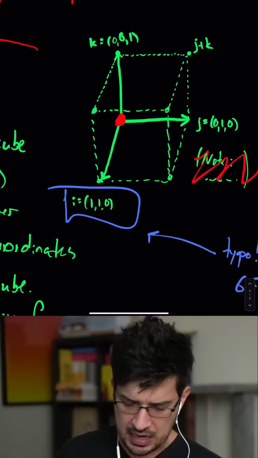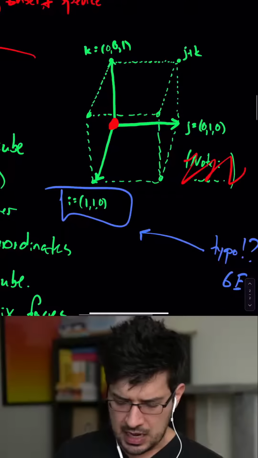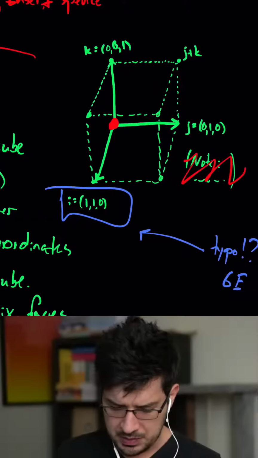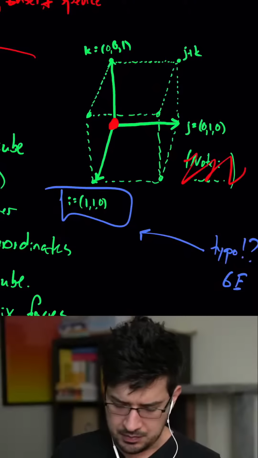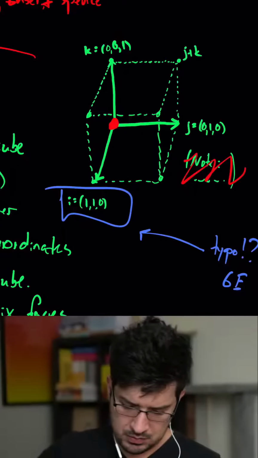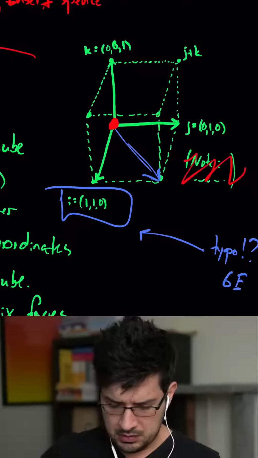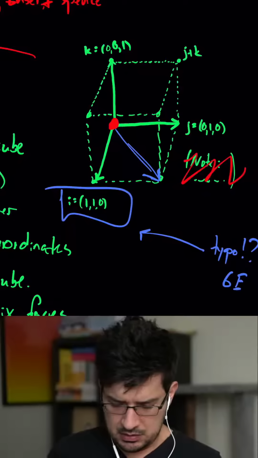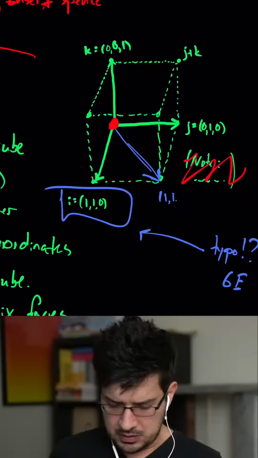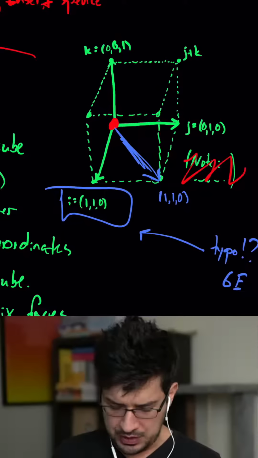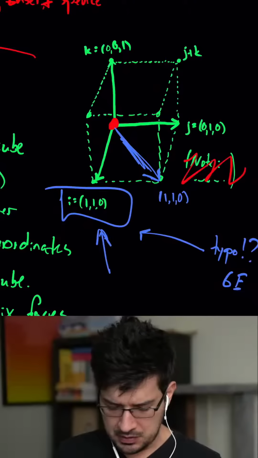This should be marked I, and then wouldn't I plus j be this one? Yeah, wouldn't that be that one? 1, 1, 0. That would make way more sense to me. I'm pretty sure that this really is a typo.